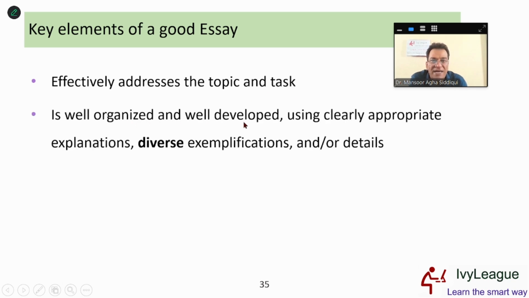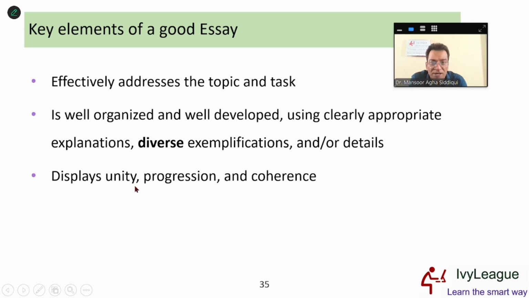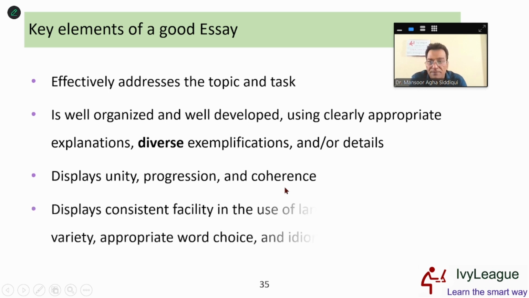It should be well organized, well developed, using clearly appropriate explanations. It should have diverse exemplifications, different kinds of examples, and or details. It should display unity. It should be in a sequence, in a certain progression, and it should be coherent, understandable.